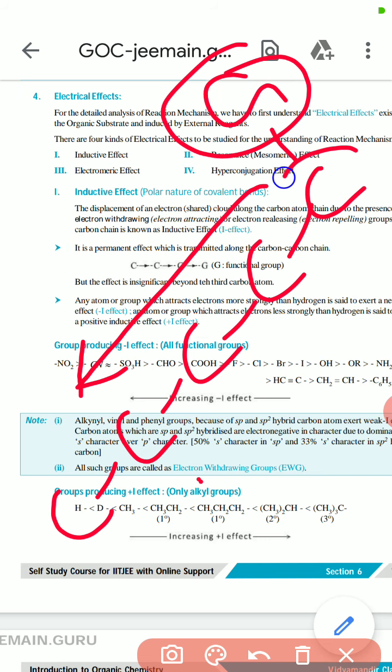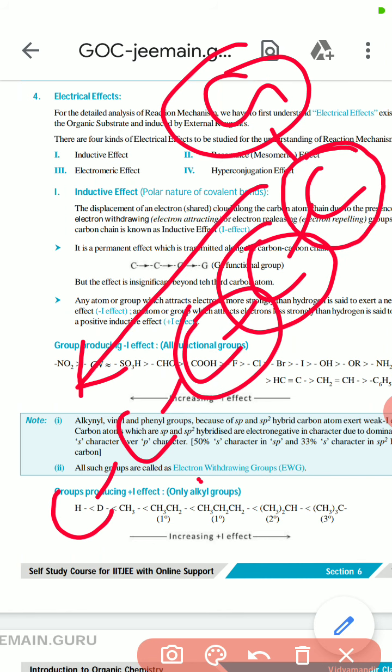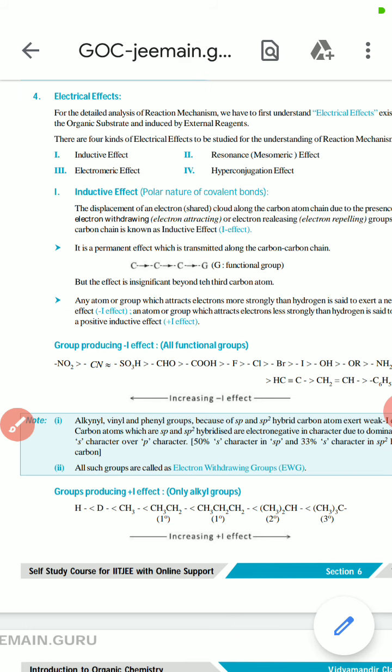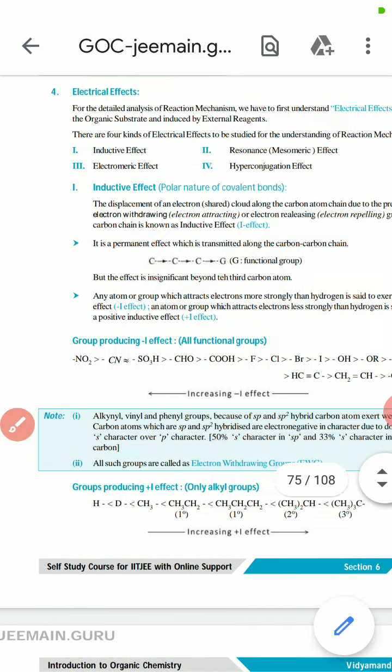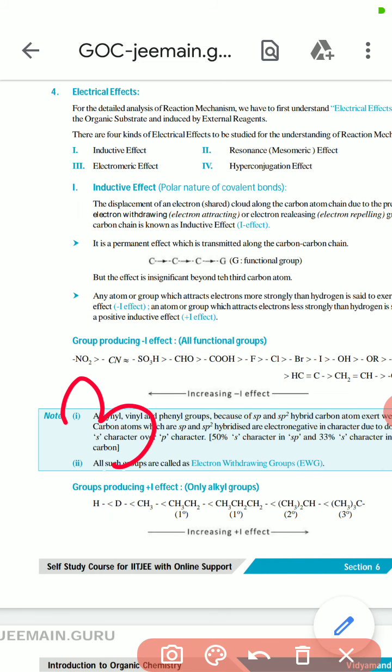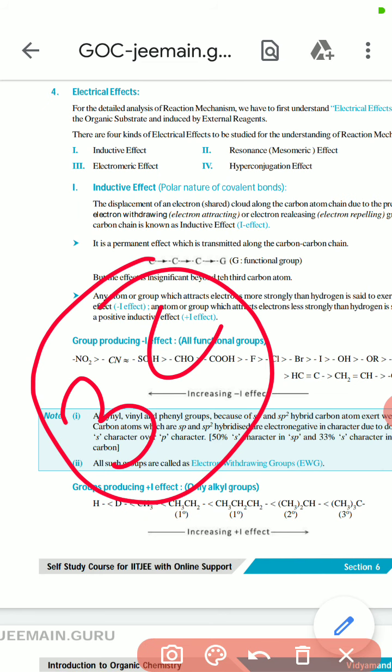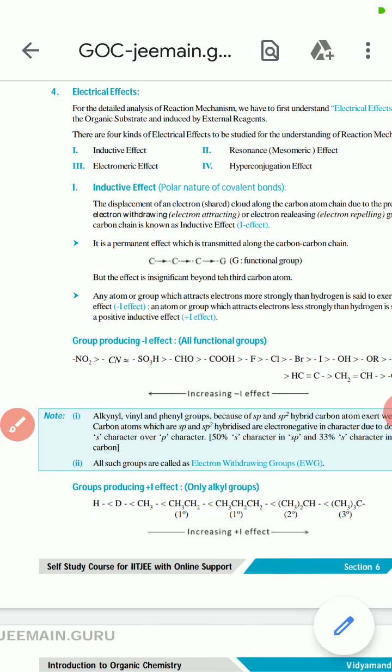So the magnitude of plus I effect on the first carbon is very strong, then on the second, then the third. Normally we can say inductive effect is applied up to 3 carbons. Beyond 3 carbons, it is very little, or almost diminished. So that is our inductive effect.